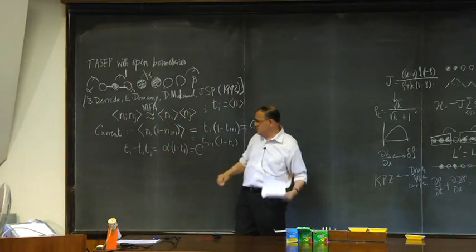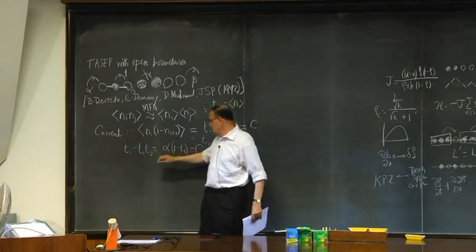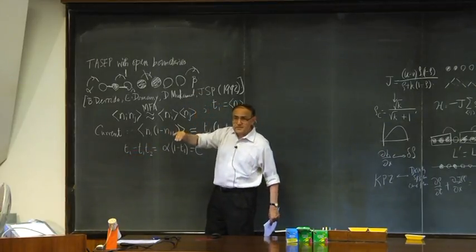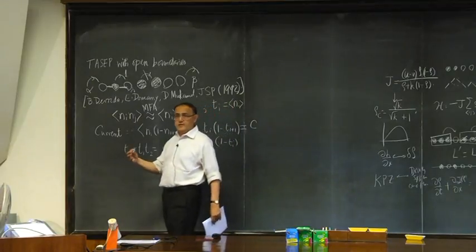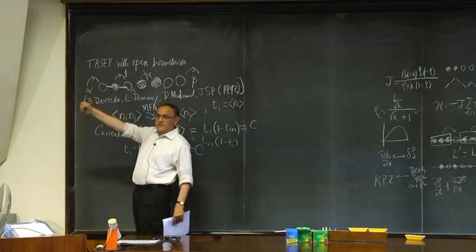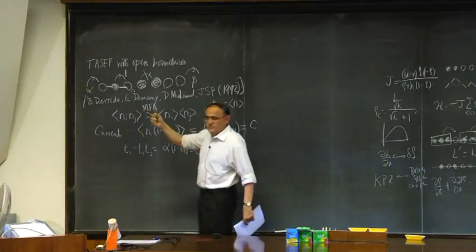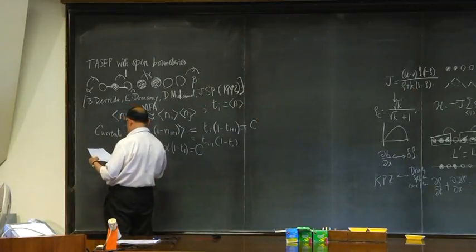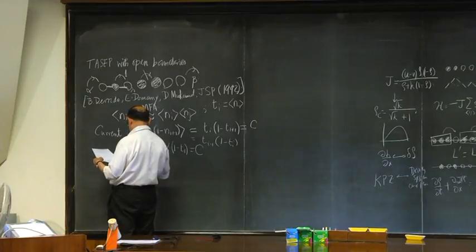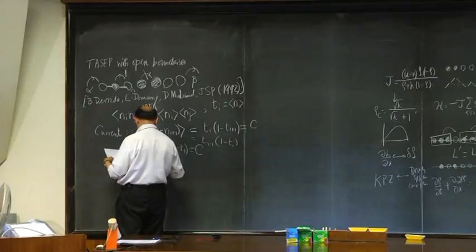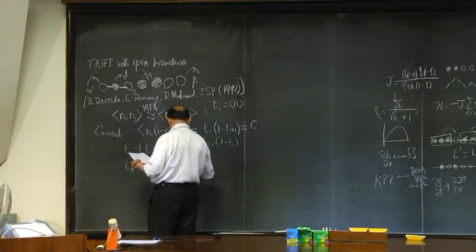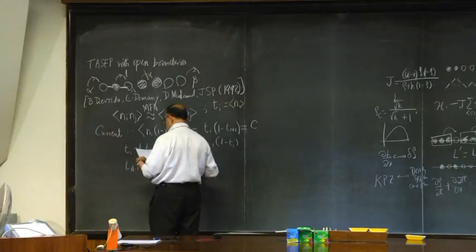Agreed? This is the normal formula, alpha, because that is the rate in, or if you like, if you imagine something there with probability alpha, then this would be the rate in. And on the last site we will have tn minus 1 into 1 minus tn equal to beta tn, equal to C. Okay.